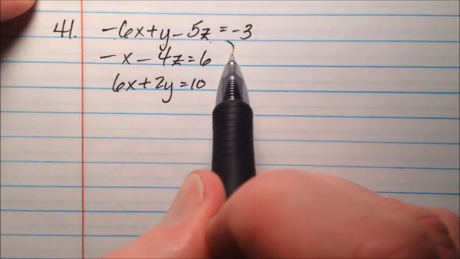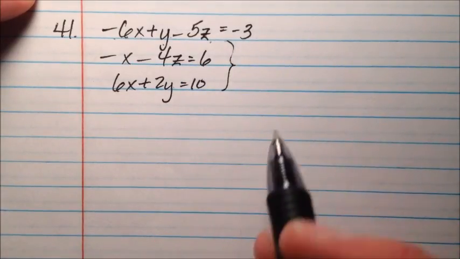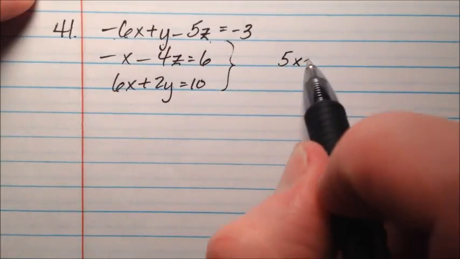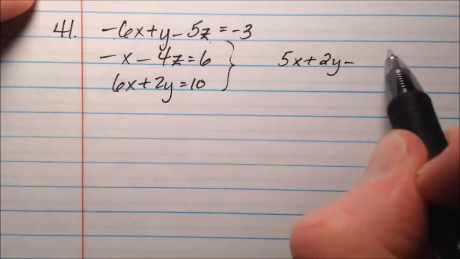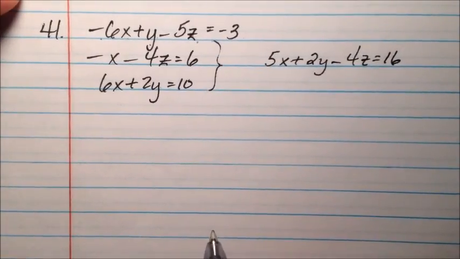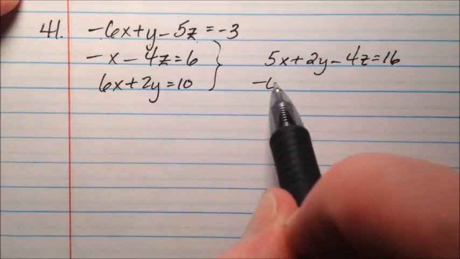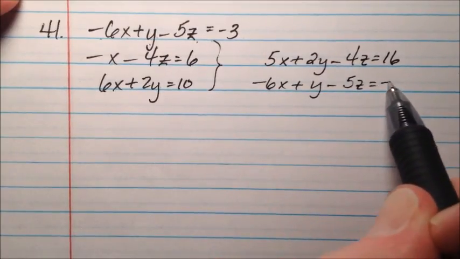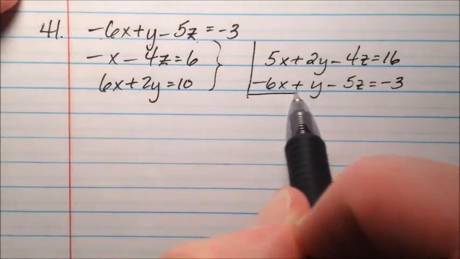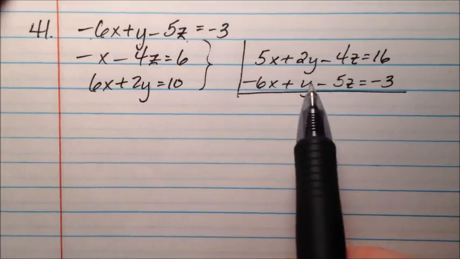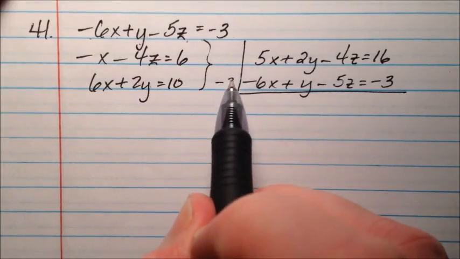So if I were to add these two equations, I would get 5x plus 2y minus 4z equals 16. And then I'll go ahead and right underneath it I'll put the other equation that had all the variables. Okay, so now I've got x, y, and z here. It looks like my y's are close to canceling out.